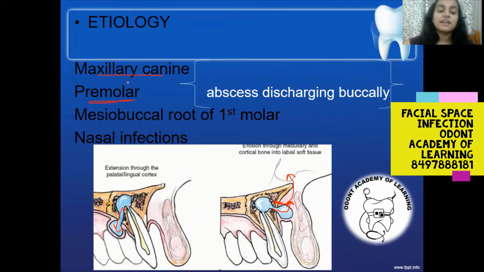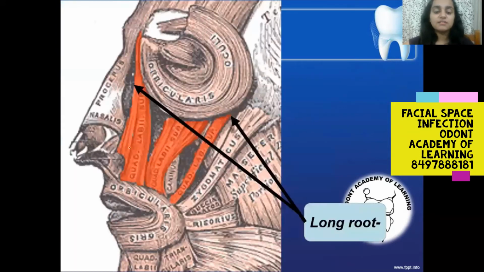Apart from maxillary canine and premolar, the other infection which can lead to canine space infection is the mesiobuccal root infection of the first molar. So this is quite important from the NEET examination point of view. They can give you this to confuse the students, as well as nasal infections, which can lead to canine space infection. Now we know that canine is the longest tooth in the oral cavity.